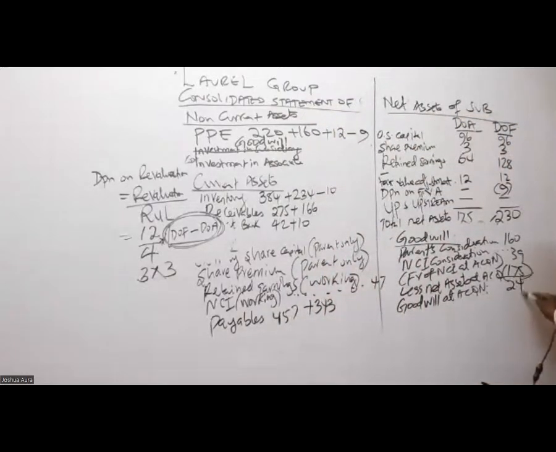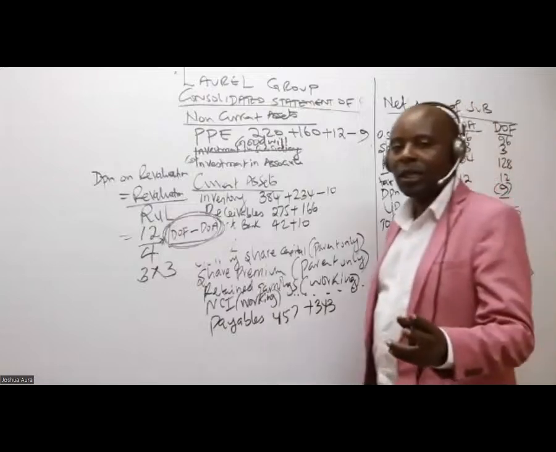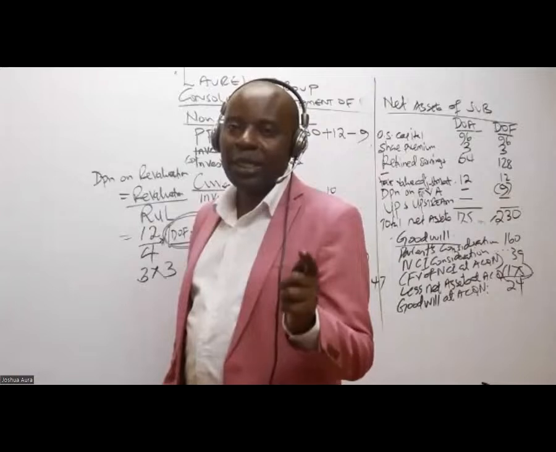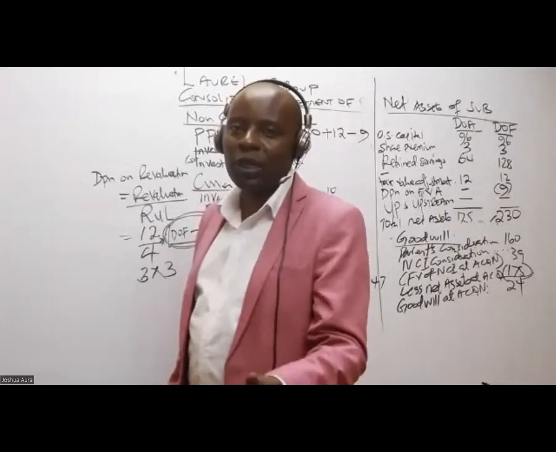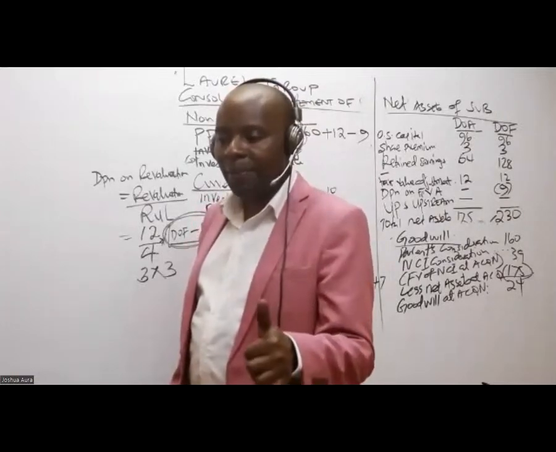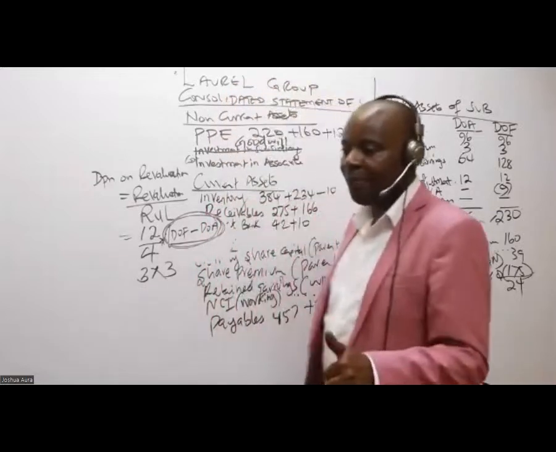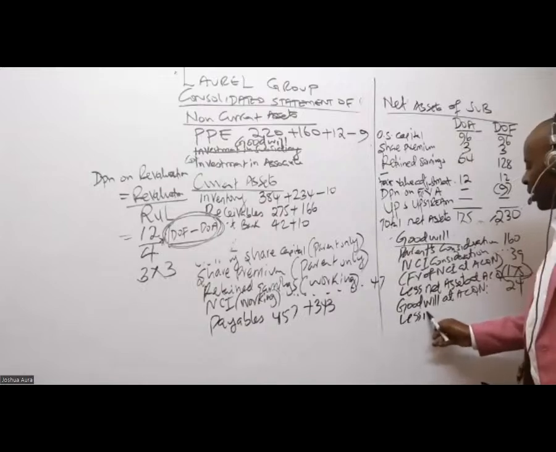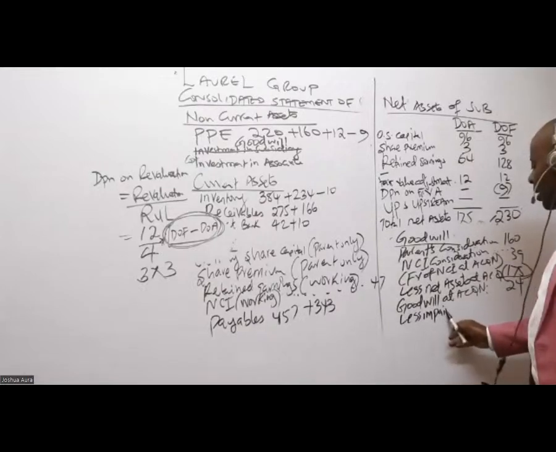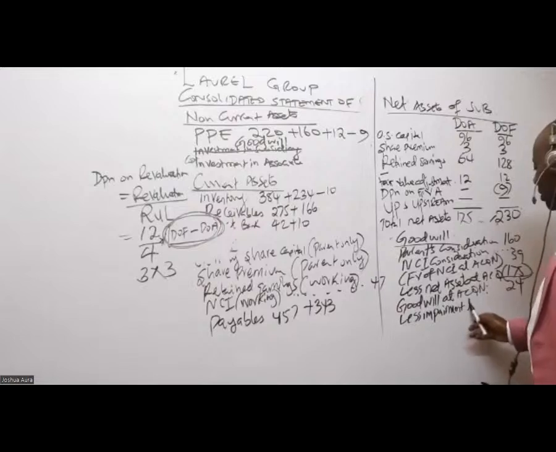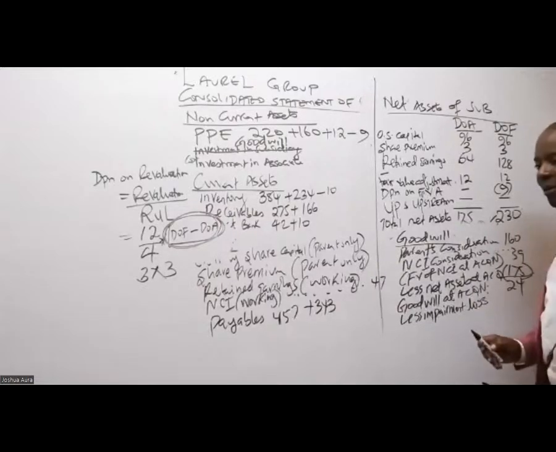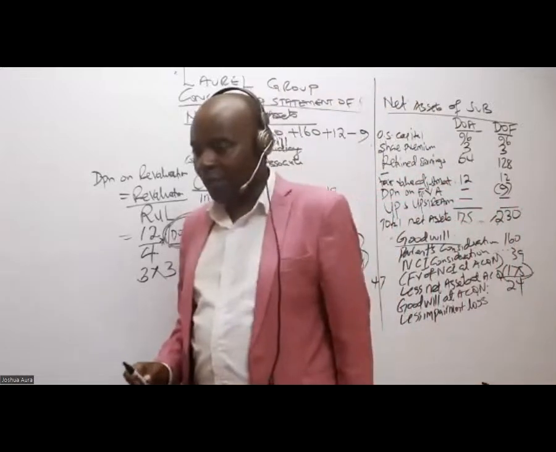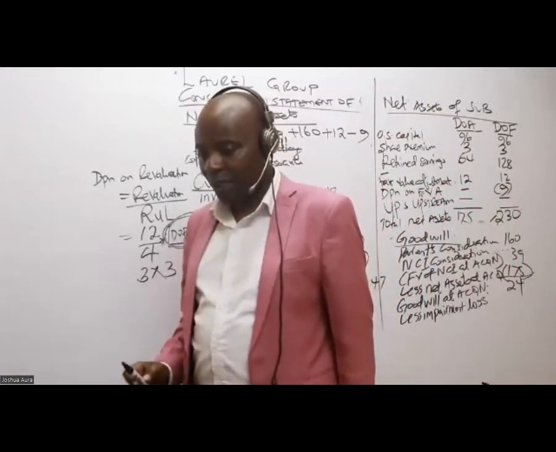When I get this goodwill at acquisition, it's an asset, just like any other asset. It's subject to depreciation. Although being an intangible asset, we can't call that loss in value depreciation. We shall call it impairment. So less impairment loss. Is there anybody who is able to remember the impairment loss? 15, right?